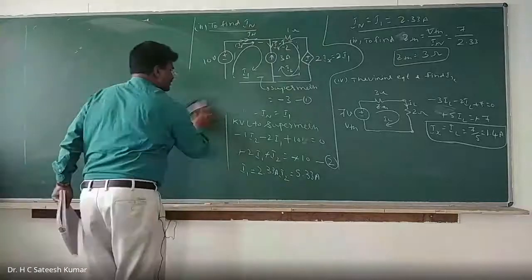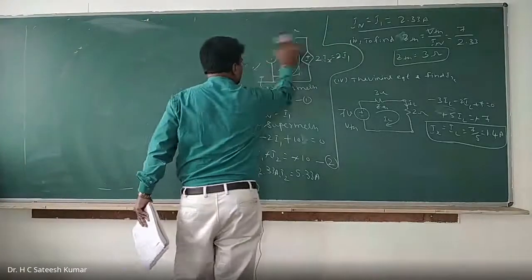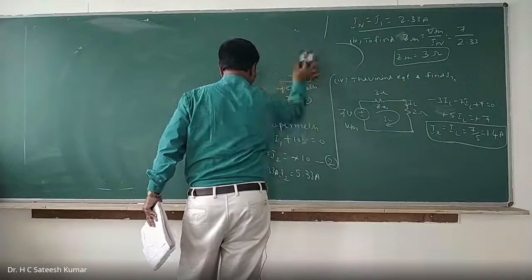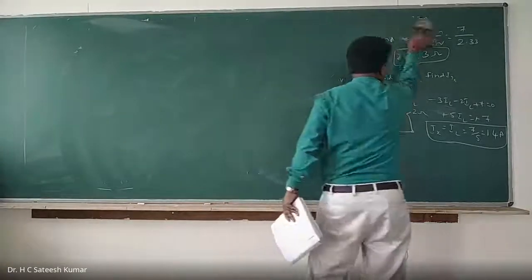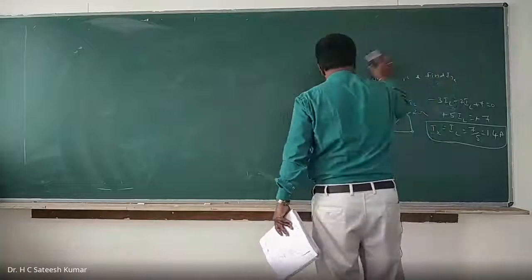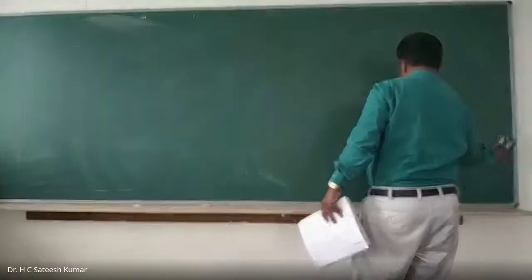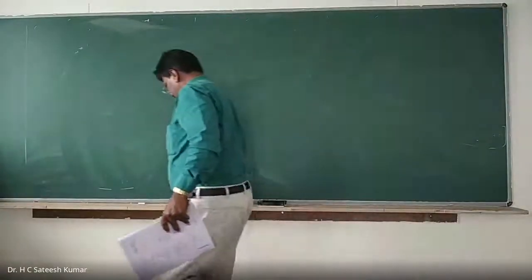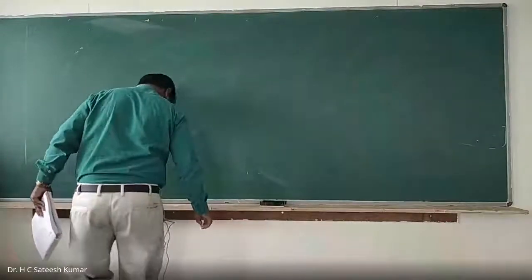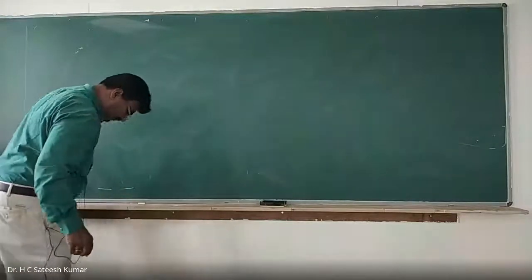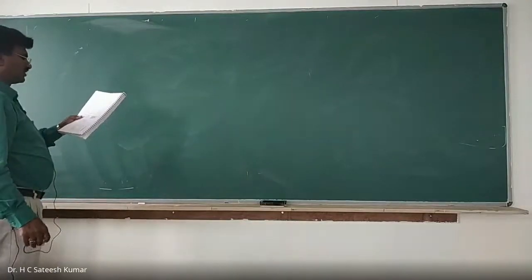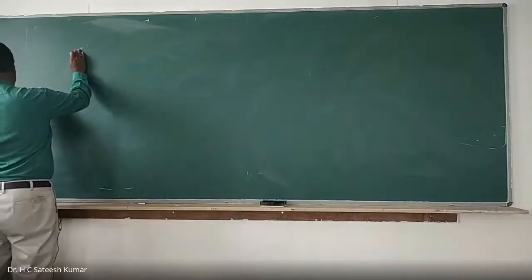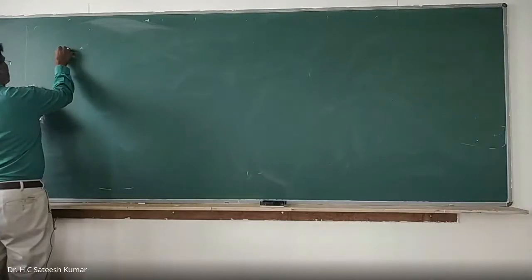Another interesting problem we have. Now, find the current through the 16 ohm resistor using Norton's theorem.